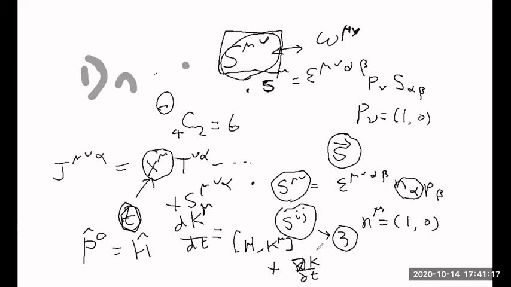And then you find out that the commutator exactly compensates that, and the result is 0. Yes, I agree with that. This quantity is conserved.